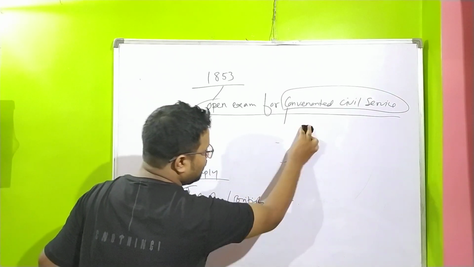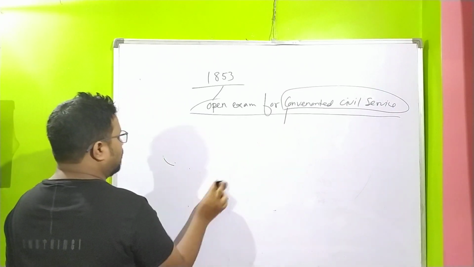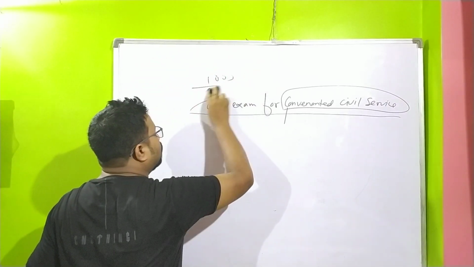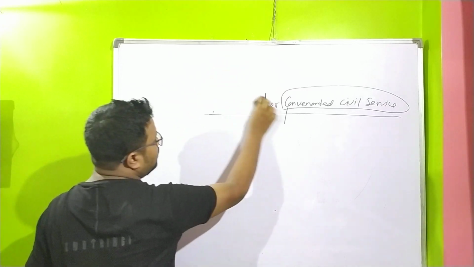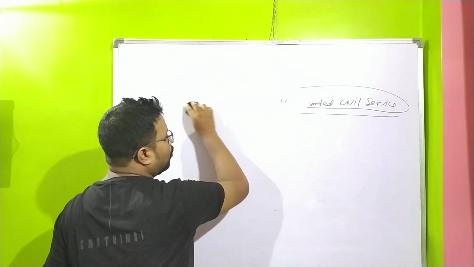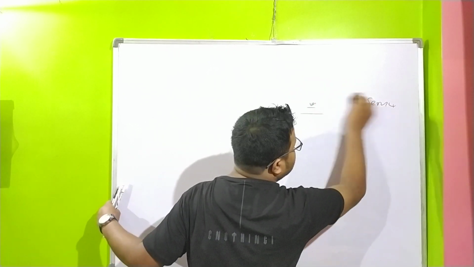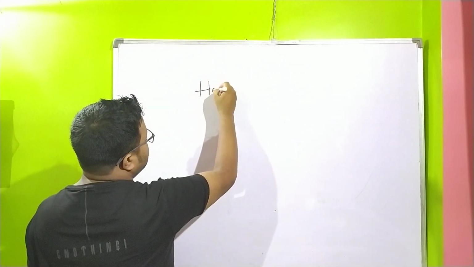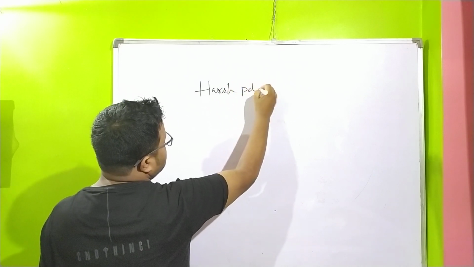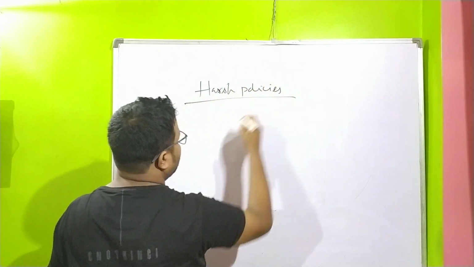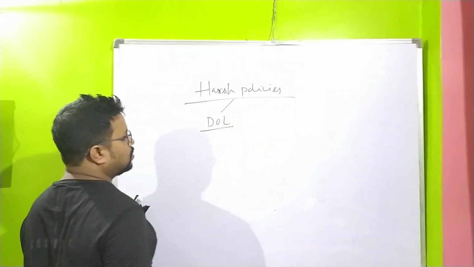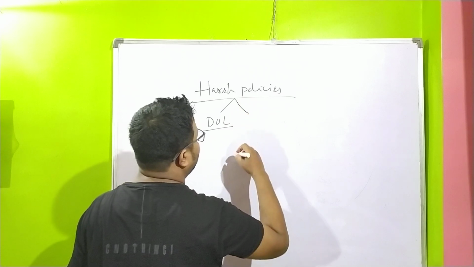Whatever the Britishers or East India Company did in India, we all know, was because of their harsh policies towards Indians, like the doctrine of lapse, and one was what?